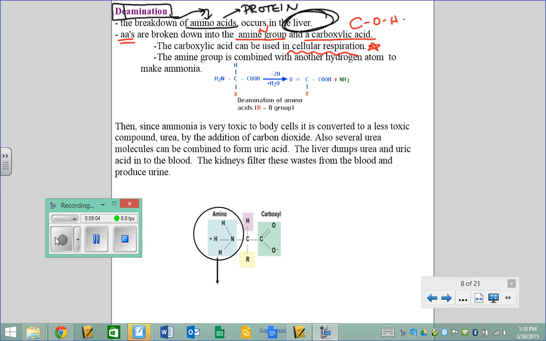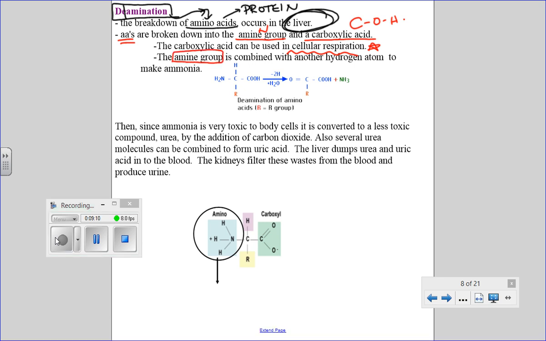Now the part that interests us a little bit more immediately is the amine group. That's the part that has N in it, the nitrogen. Once this part gets chopped off the amino acid, I combine it with another hydrogen to make ammonia. So I have a little picture here to illustrate this.